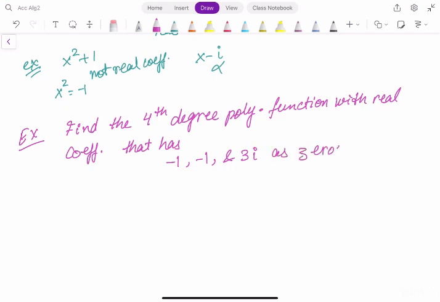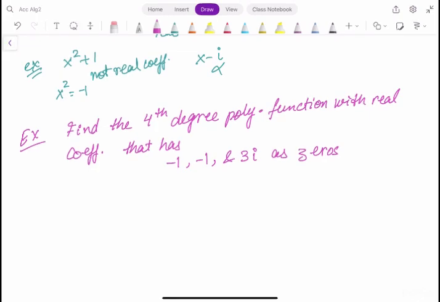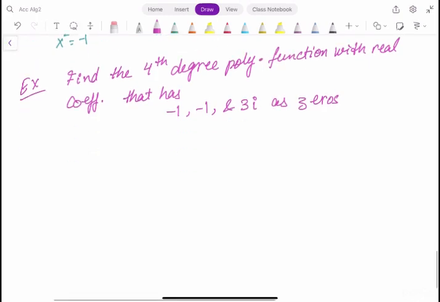So we need to write the function. We need to write the f of x, right? So 3i, it is my complex number, right? So its conjugate will also exist. So I know the fourth root will be, so 3i has a real coefficient. Coefficient is 3, right?